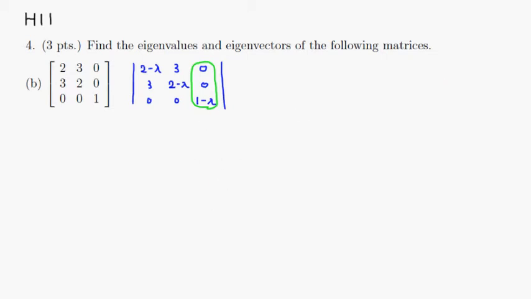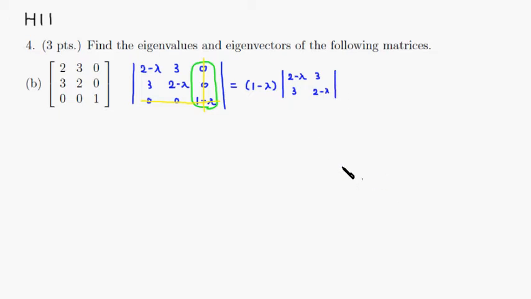This is going to be positive, negative, positive, negative, positive, so this is positive. 1 minus lambda times the determinant of the submatrix, where we eliminate the third row and the third column: 2 minus lambda, 3, 3, and 2 minus lambda.